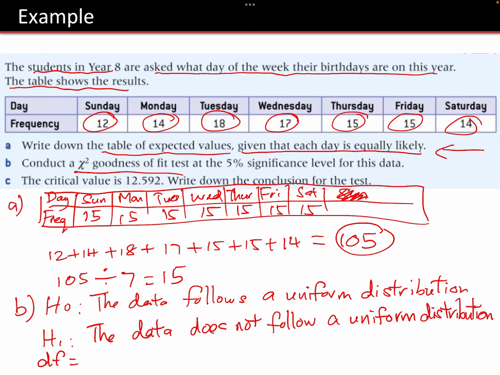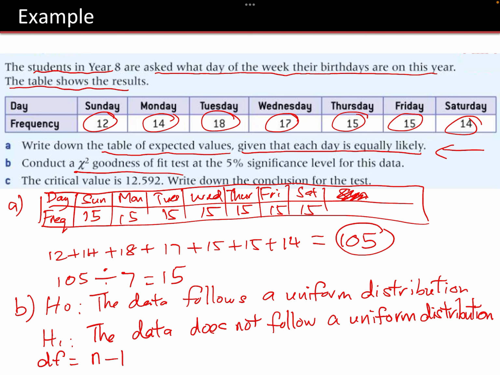Let's say I've given you the numbers from Sunday to Friday. Do I need to give you the data for Saturday? You don't need to, because all you need to do is take the total number of students and subtract the data given to you from Sunday to Friday, and automatically you should be able to find the data for Saturday.